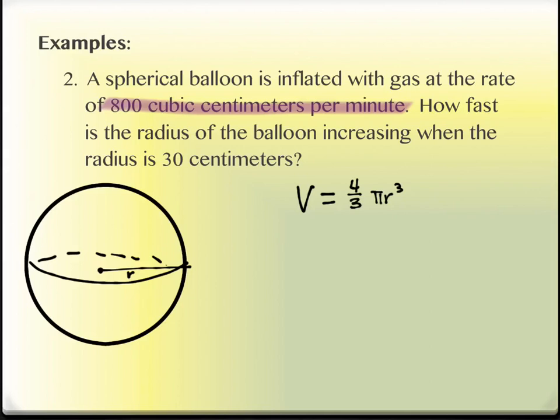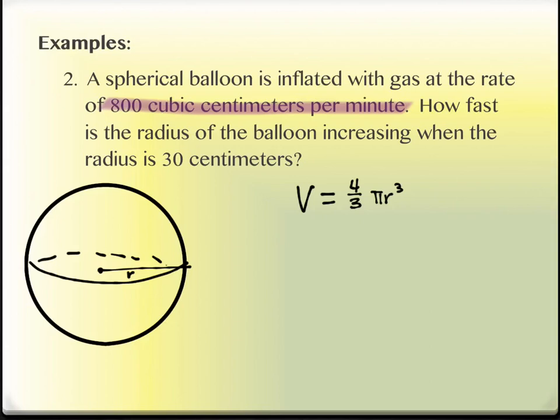Is that the change of r or the change in V? That is a change in V. There's two ways you can think about that. Number one is that it doesn't talk about the radius changing in the language itself. It doesn't say the radius, right? Now, it doesn't actually say the volume either. The other thing that's sort of a red flag is it talks about cubic centimeters, which are a volume quantity.